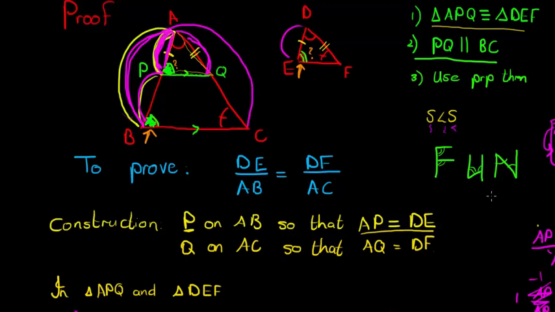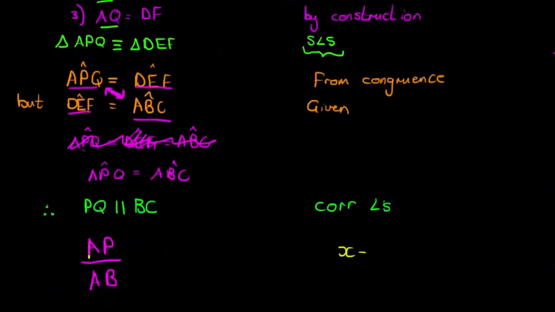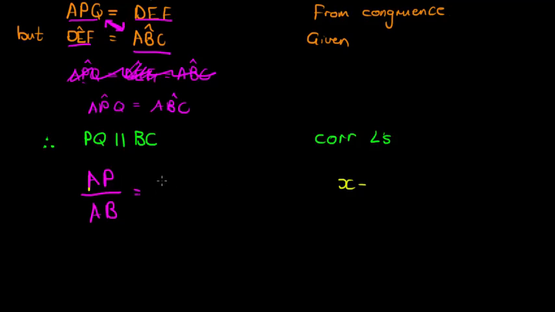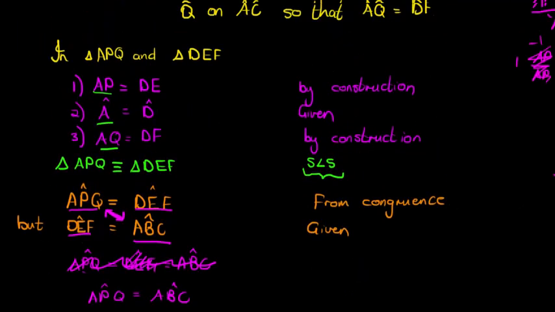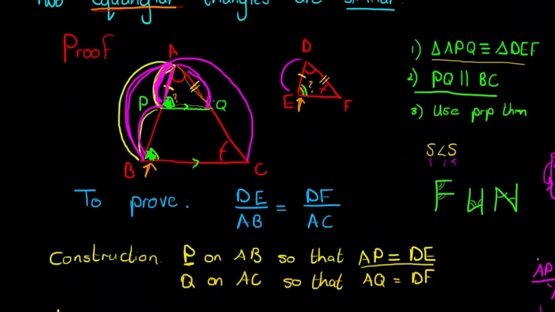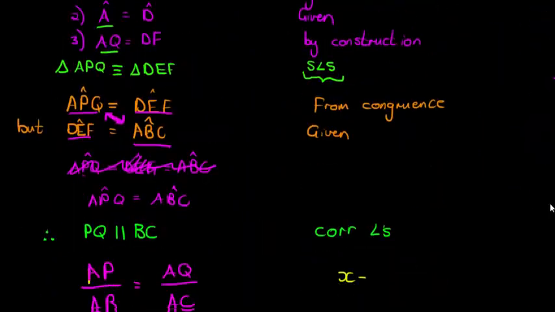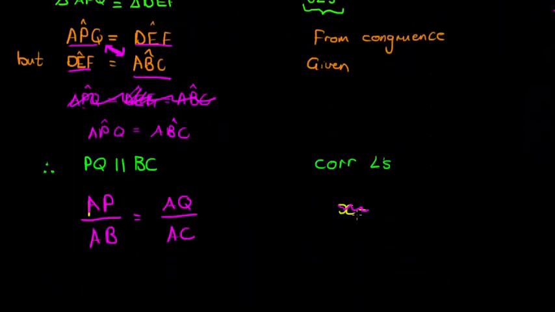As long as you keep that, you should be fine. So it's equal to the top part, which is AQ, divided by the whole, which is AC. I'll go back just to show you. Top is AQ, divided by the whole, which is AC. Okay, so we know that. Why is that true? This follows from the proportion theorem.